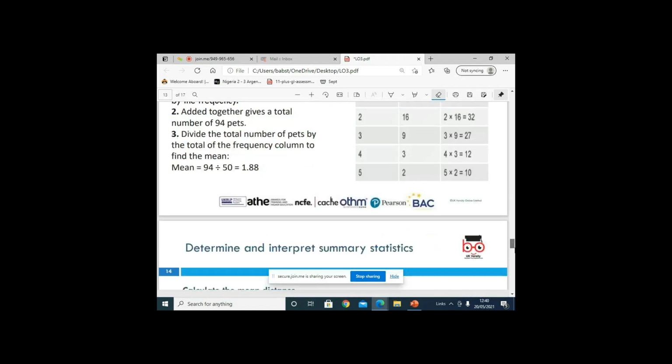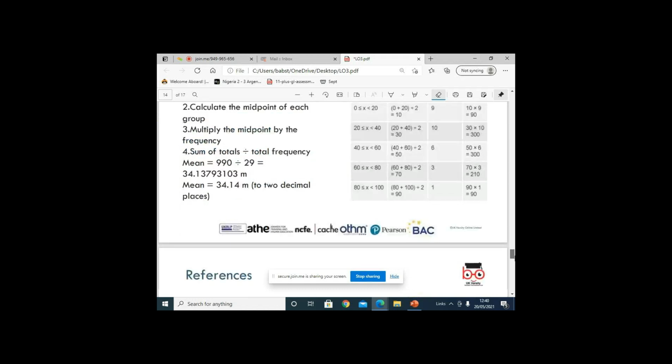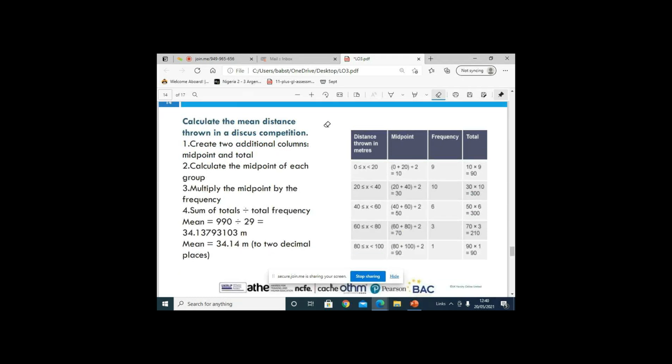So we still do questions on it. Another thing is that sometimes data can be presented in the form of a class. Look at this one now.